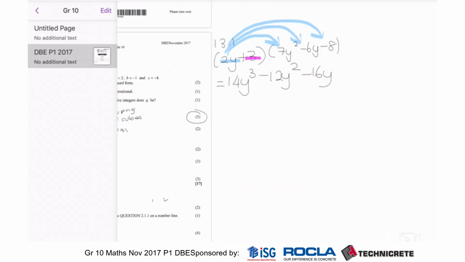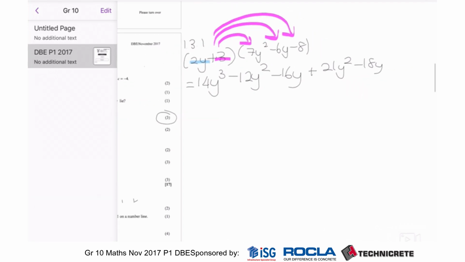Now we're going to go to the 3. 3 is going to multiply by each term, same concept. So we've got 3 times 7y squared is 21y squared. 3 times minus 6 is minus 18y, and 3 times minus 8 is minus 24. Now we're going to want our like terms.